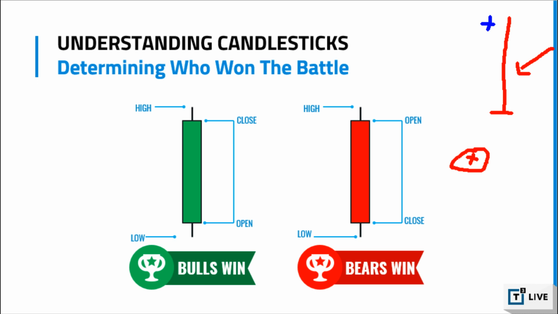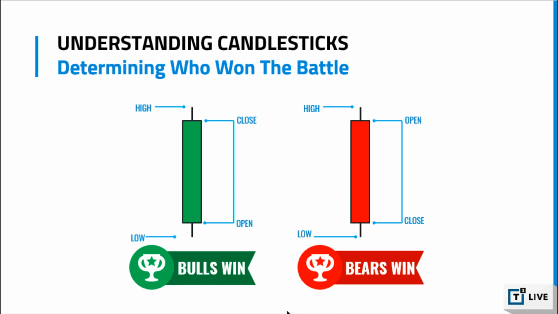So Japanese candlesticks look at the candles on a bar by bar basis, and it all depends on which group is in control. If the stock closes above where it opened, it is said that the bulls won that battle. It's always a battle between the buyers and the sellers. If the stock closes below where it opened, it means that the sellers must have won that battle. Otherwise, price would not have dropped.